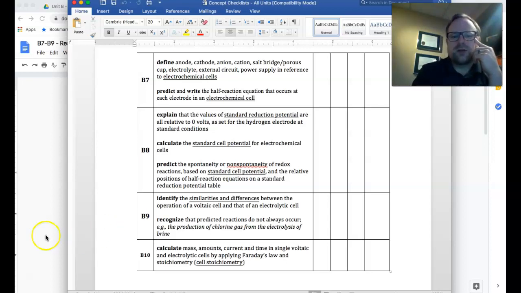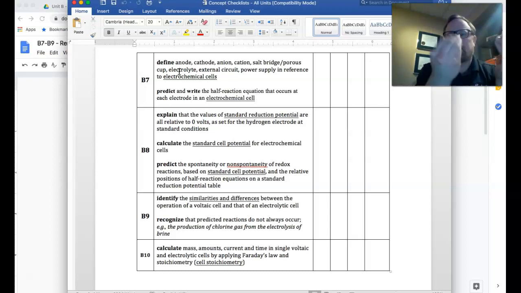B7 talks about electrochemical cells and being able to define all of the parts of an electrochemical cell. Electrochemical cells come in two forms: a voltaic cell, which we'll talk about first, and the best example of a voltaic cell is a battery. And then the electrolytic cell, which is not the opposite of a battery, but different from a battery.